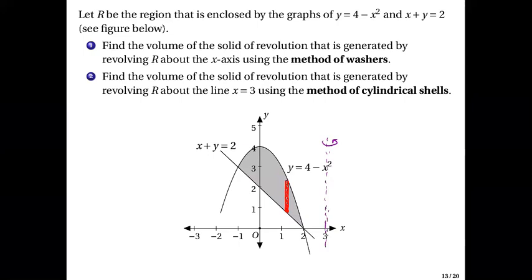The below function is your line. So again, let me get this strip here. And if we revolve this about the line x equals 3, we'll get this cylindrical shell here. Pardon my sketch here.